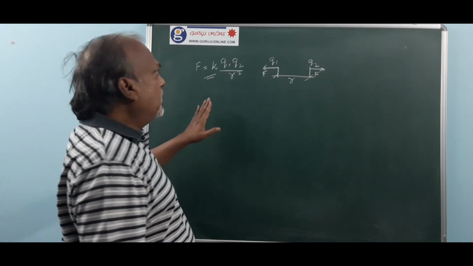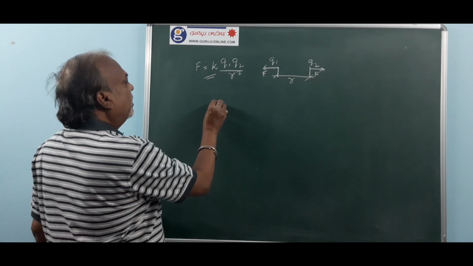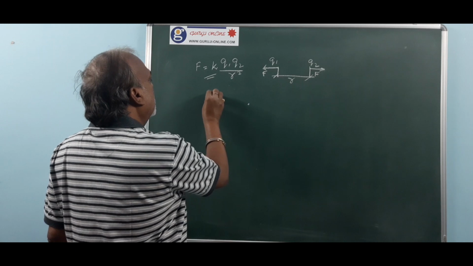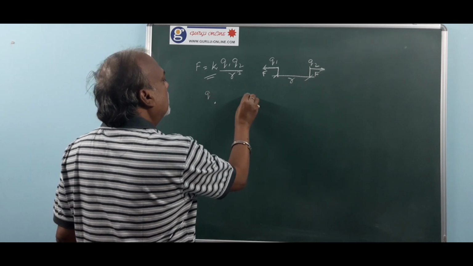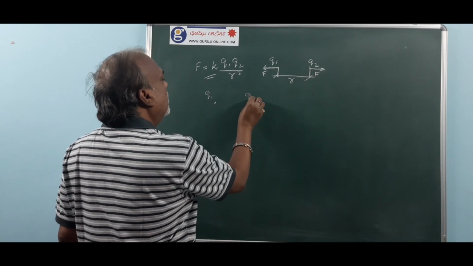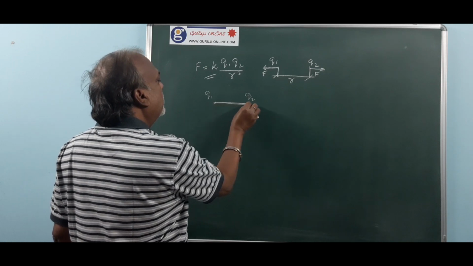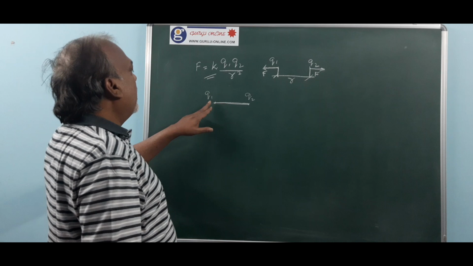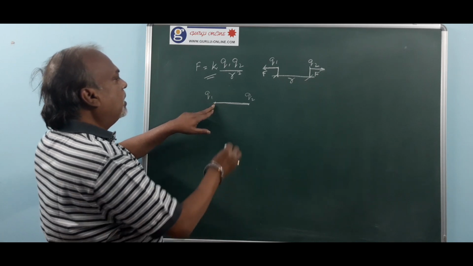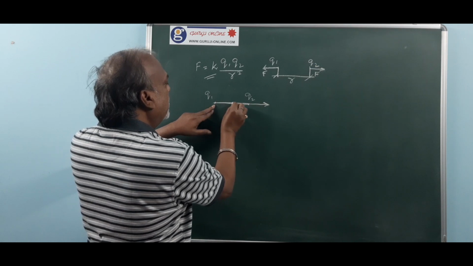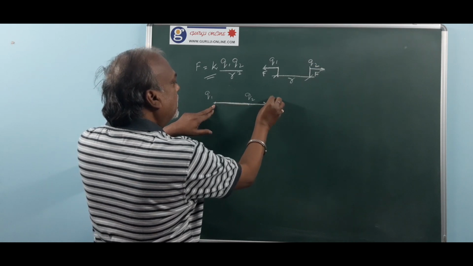One more thing about this Coulomb's law, basically the direction of the force. Suppose these are two charges Q1, Q2. Then of course we have a line joining this. Due to Q1, the force at Q2 will be like this, in the direction of the line joining this.